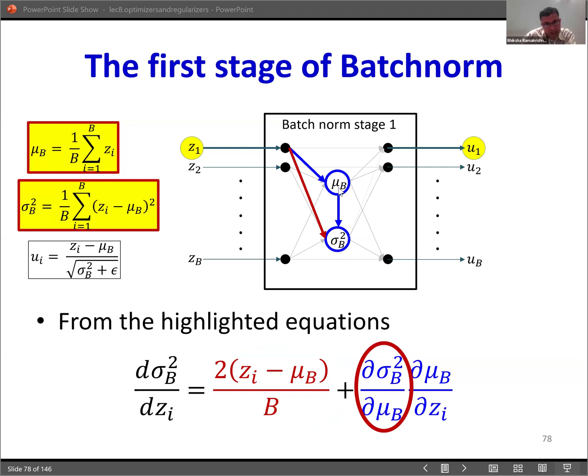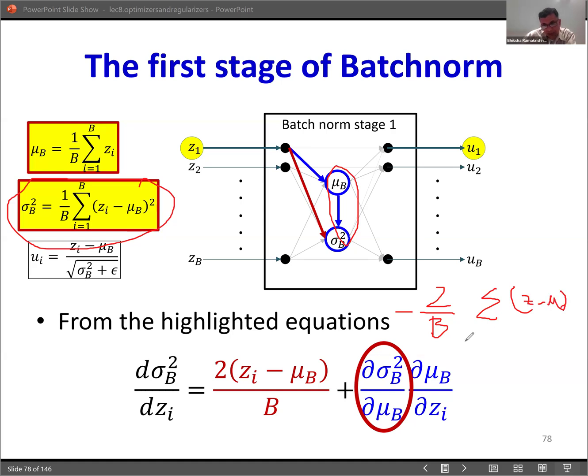That's this one. Now let's take the second term. What's the derivative of sigma squared with respect to mu? That too is going to come from this formula. What is that going to be? The derivative of sigma squared with respect to mu is going to be minus 2 over b, summation of (z minus mu).